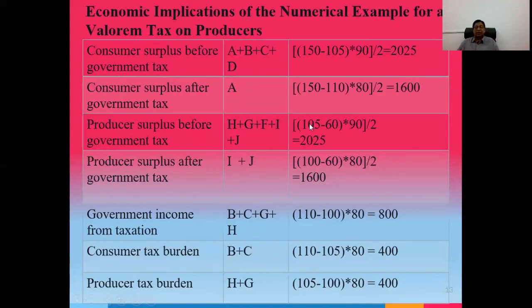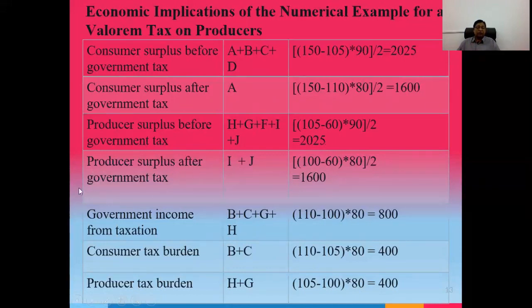Then producer's surplus before government tax is given by the area of H, G, F, I, J. It is measured by the price difference. This is the equilibrium price. This is the quantity demanded. This is the price at quantity supplied of 0. This price difference is multiplied by the initial equilibrium quantity and divided by 2. Then you will get producer surplus before government tax as 2025.